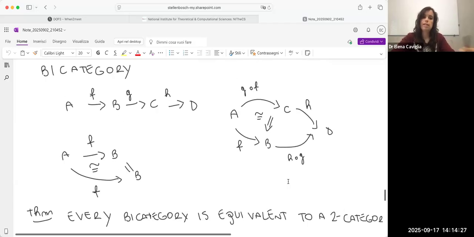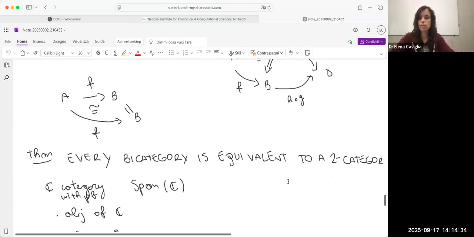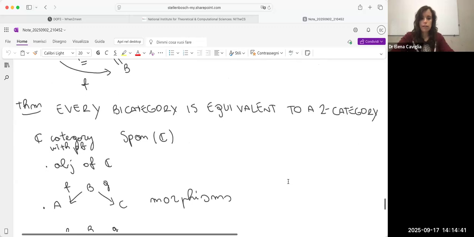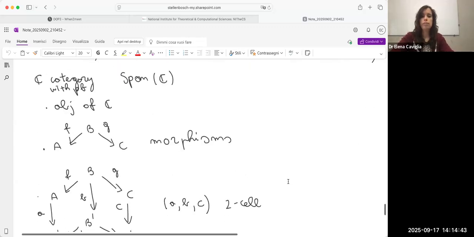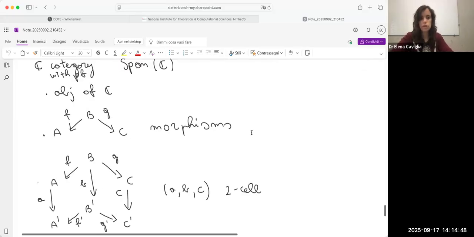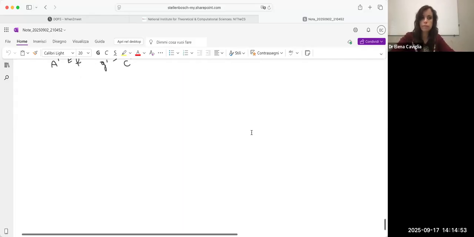Some people work with this kind of weak two-dimensional categories, the bicategories, but every bicategory is equivalent to a strict two-category. An example of bicategory is that of spans in a category C that we saw, and that's where we stopped last lecture.